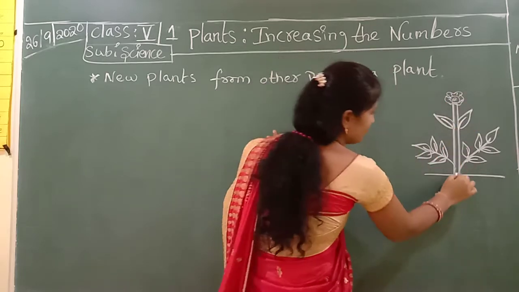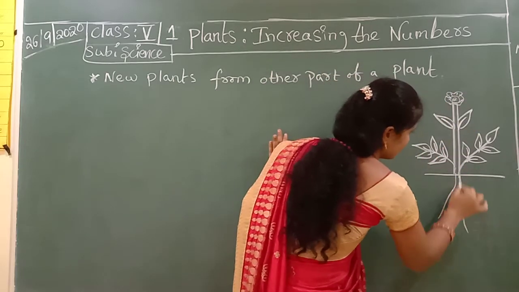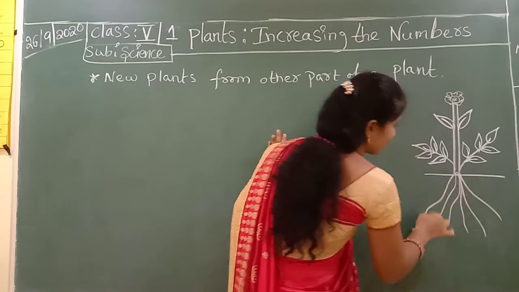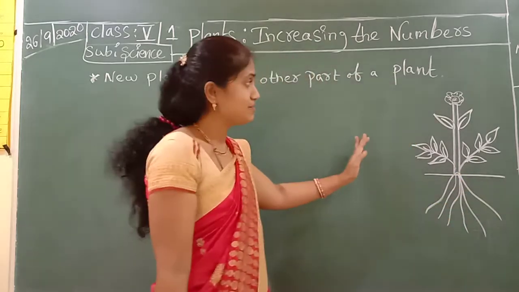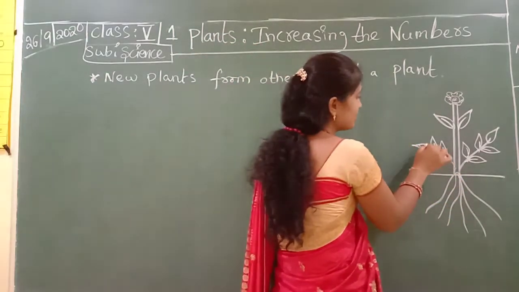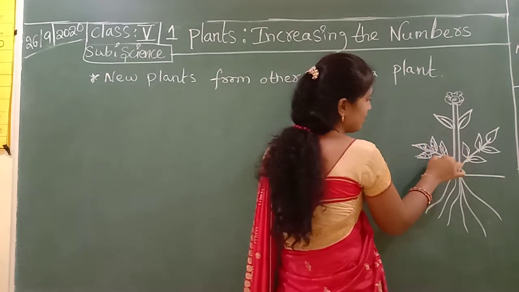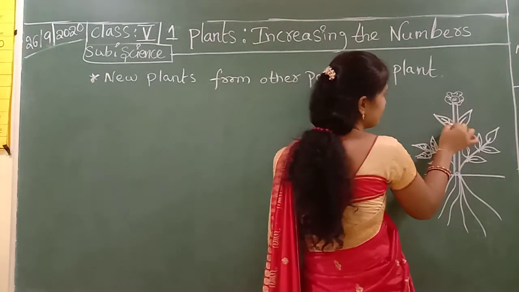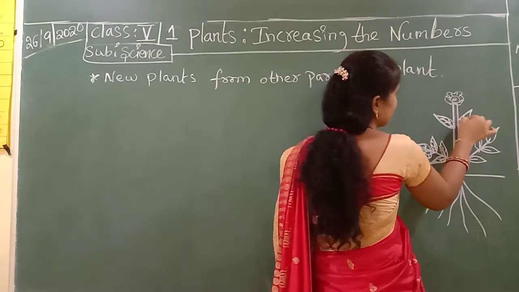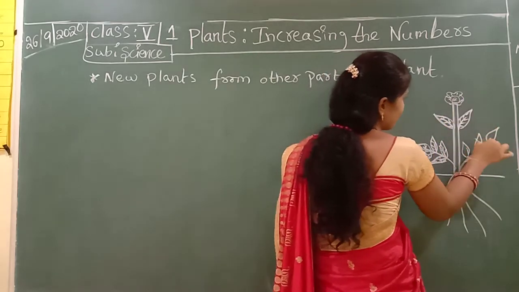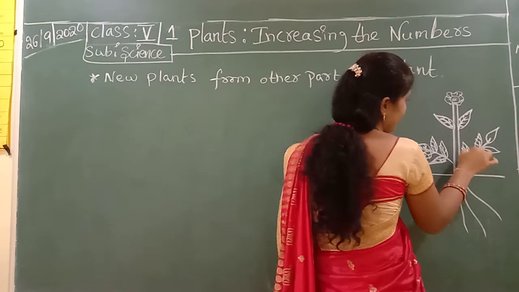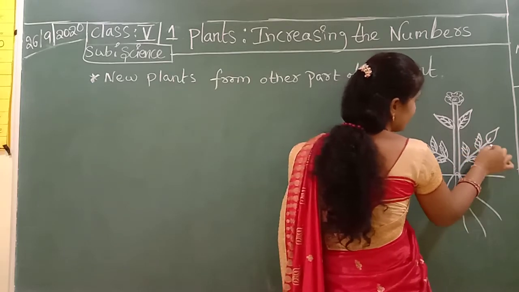This is the plant. Okay children, you have to observe this plant. What is this? Leaves. Yes or no? Yes. These are the leaves. This is the flower. Find out how many parts are there in this plant.